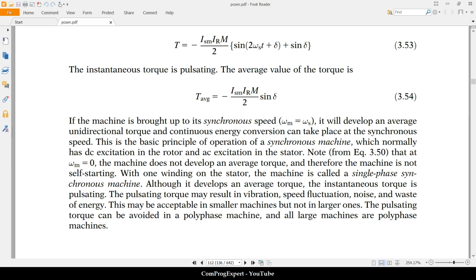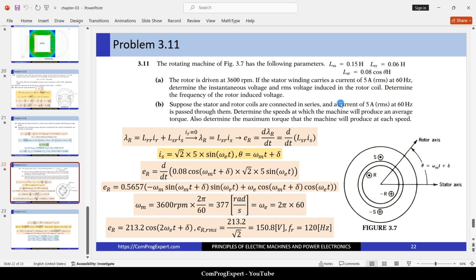Anyway, in this problem, the value of the self-inductance of the stator coil is given. The self-inductance of the rotor coil is given, and the mutual inductance is also given. That is a function of cosine of theta.